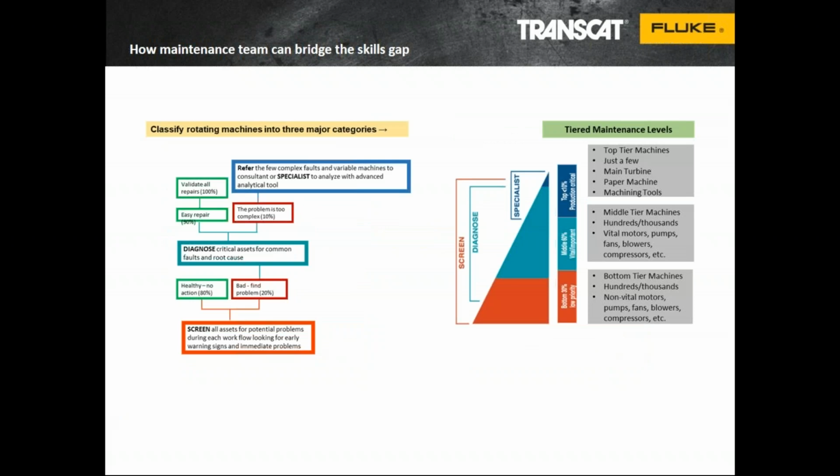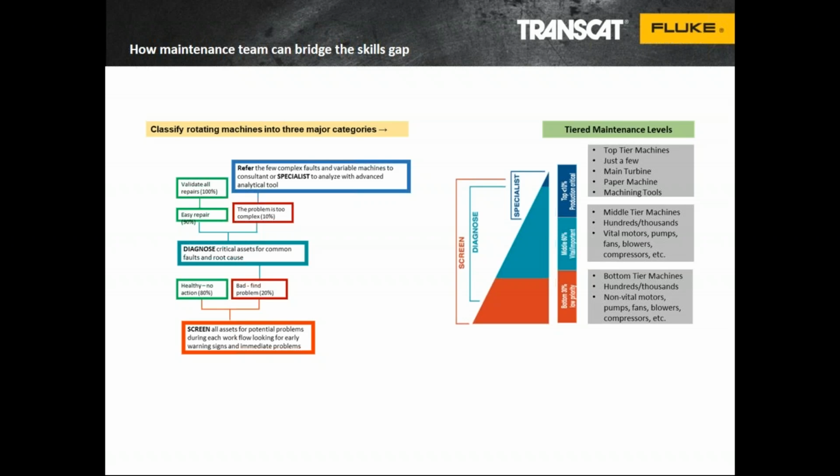Let's explore this workflow a little bit further. If we start thinking about the types of assets that we have in our facilities, and we start thinking in tiers, there are what we would call critical assets.